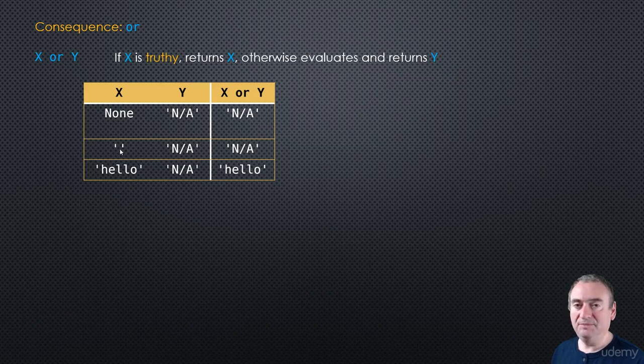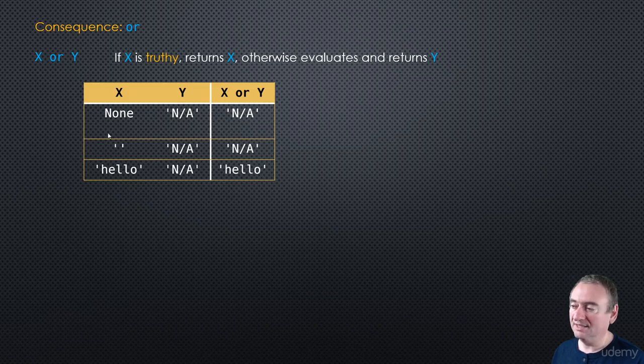Similarly, if x is an empty string and y is NA, well, the empty string is also falsy, so we're going to return NA. On the other hand, if we take x equal to hello and y equal to NA, well, in this case, hello is a truthy string, right? It's a truthy object. So we are going to return x, which means we return hello.